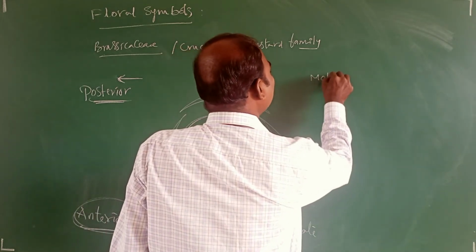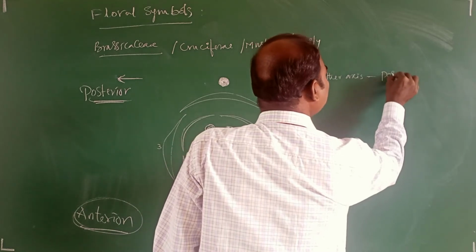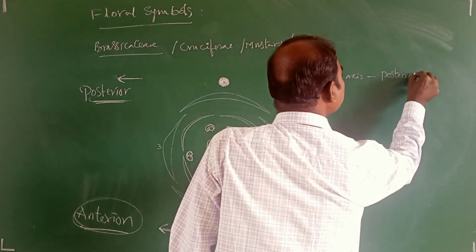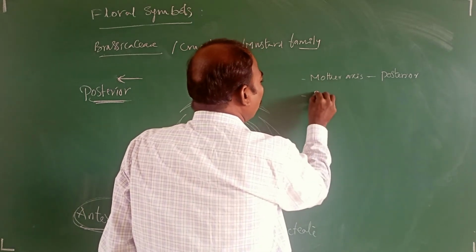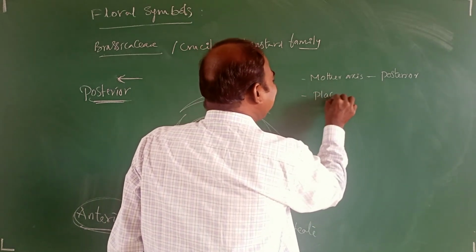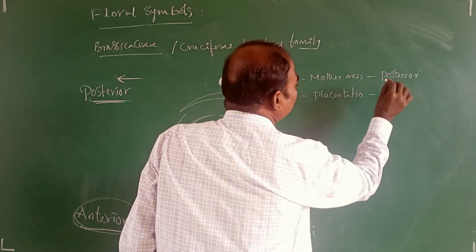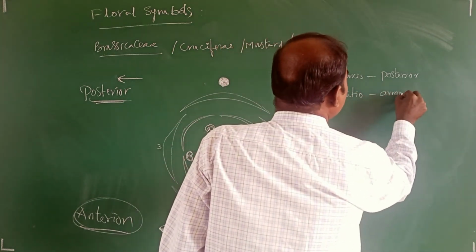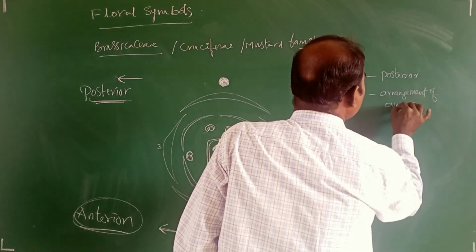Main axis or mother axis and posterior side are indicated through the diagram. Placentation means the arrangement of ovules.